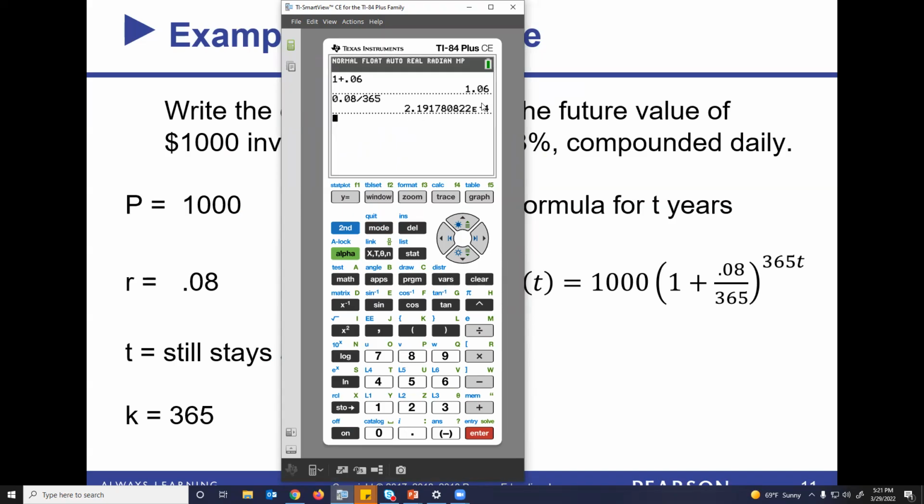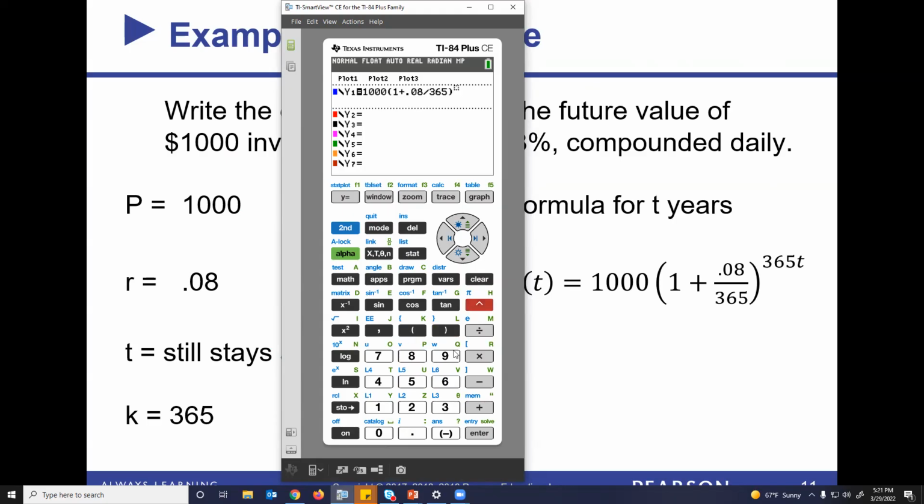And then there's this E thing. So when I see things like this, just leave it in the crazy looking fraction. Just don't touch it. Just leave it be. Let it stay in the fraction, because I can still plug this formula in with that in a fraction. The calculator will know what to do. So we can leave it in this kind of crazy fraction format there with the 365.